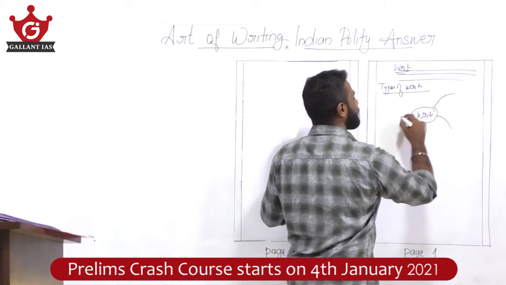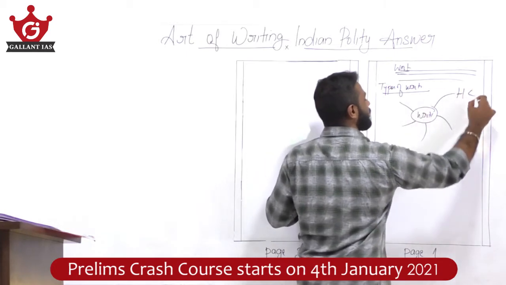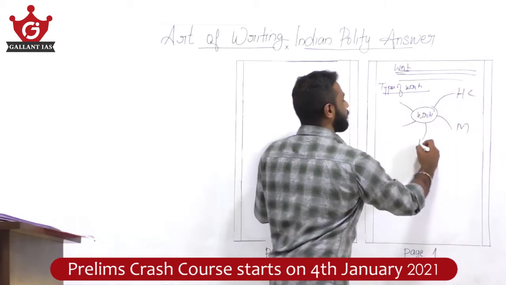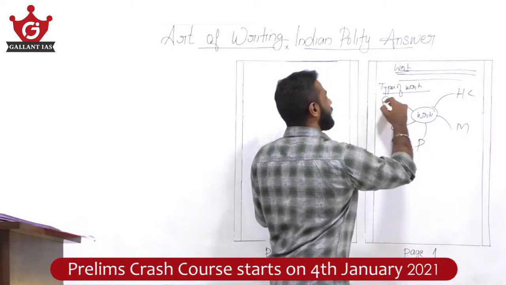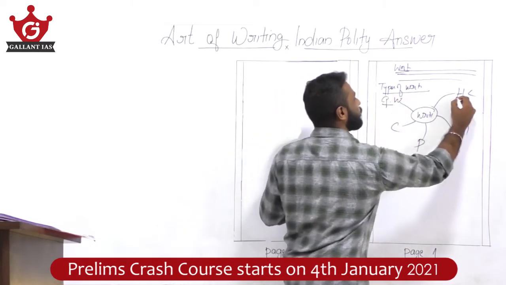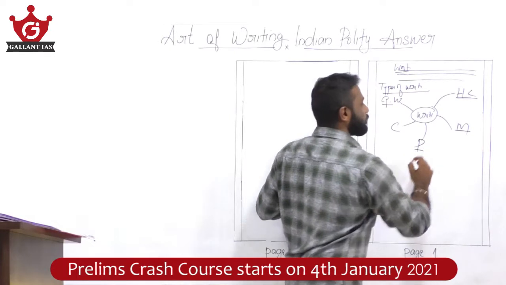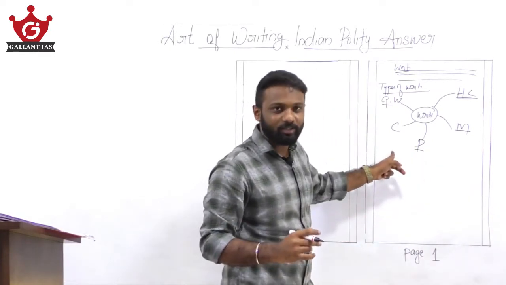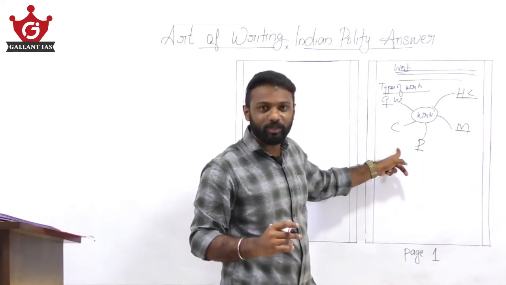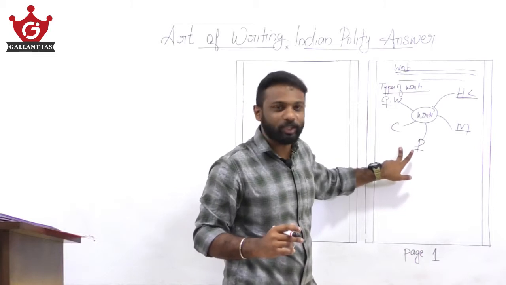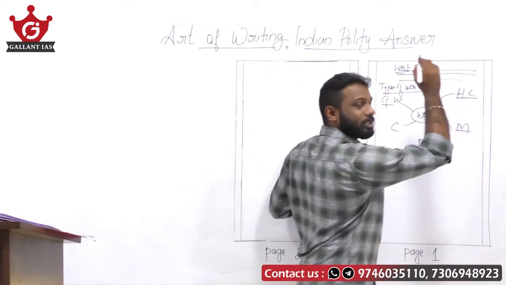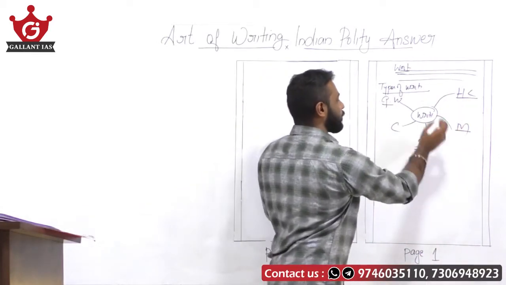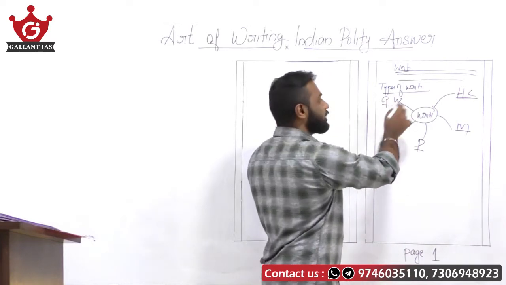There are 5 kinds of writs: habeas corpus, mandamus, prohibition, certiorari, as well as quo warranto. Make a diagrammatic representation so that you can save words as well, and the paper also looks attractive. And write here habeas corpus, mandamus, prohibition, certiorari, as well as quo warranto.